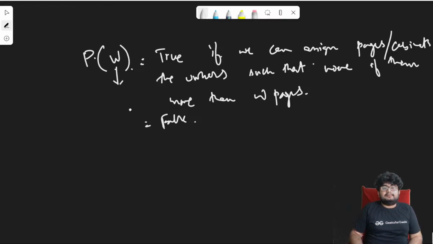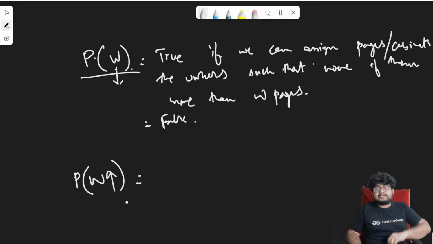So just think about it. How does this P of W vary when W increases? That means each worker sees more pages. The maximum limit to which a worker can see pages increases.